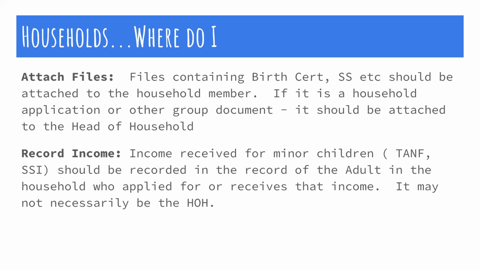If it's recorded income, like for children, it doesn't necessarily have to be the head of household, but it should be recorded under the adult that applied for or receives it. Does that make sense? If mom is the one that gets the check, but she's not the head of household, that income should be under mom because she's the one whose name is on it.